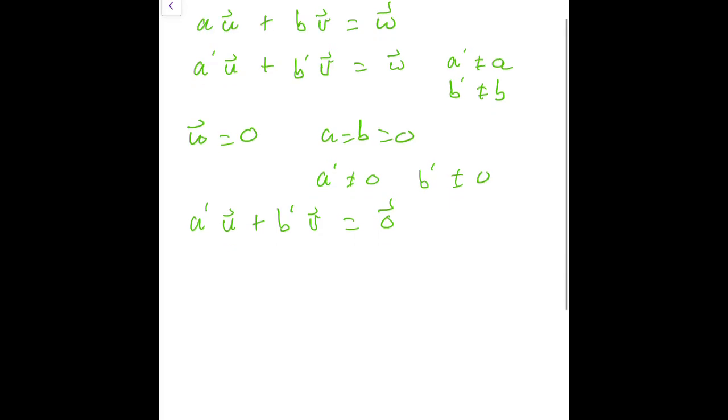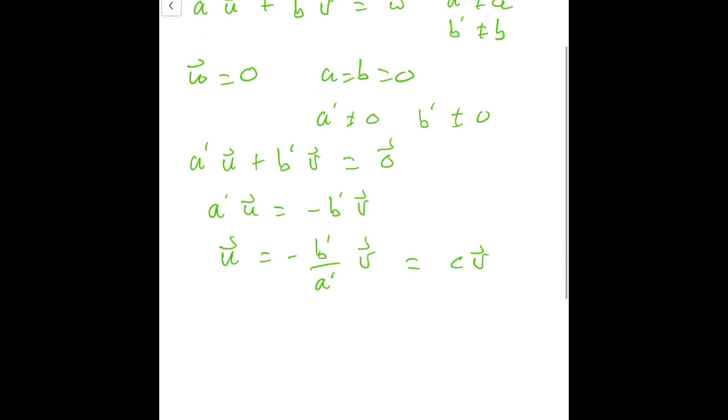Well, notice what this means is that A prime U is equal to minus B prime V. And what does that mean? Well, this just means that U is equal to minus B prime over A prime V. In other words, U is a multiple of V. So let's just say this is equal to some constant C times V. Okay, so what does this mean?